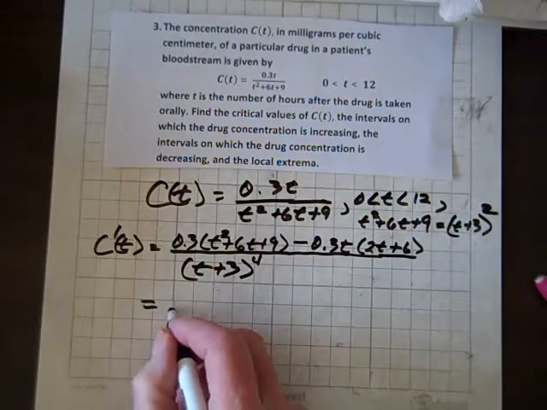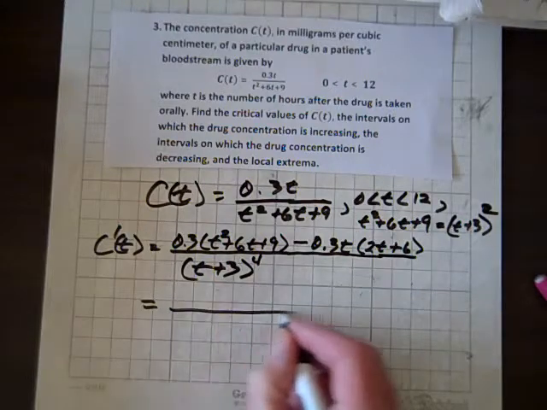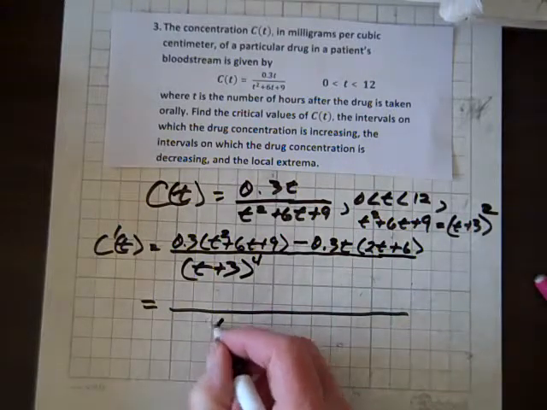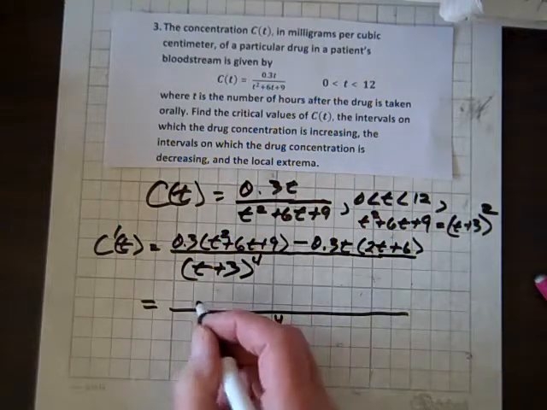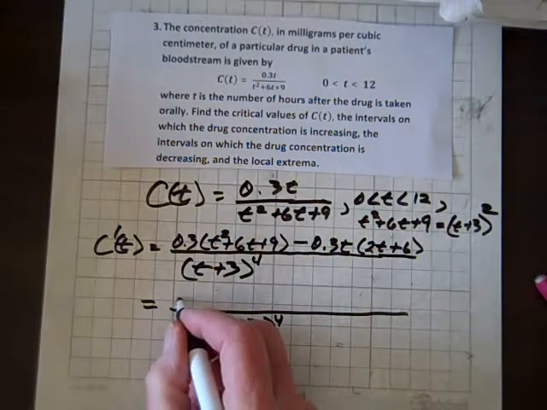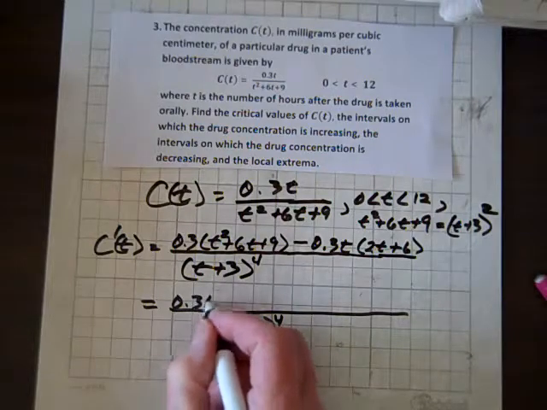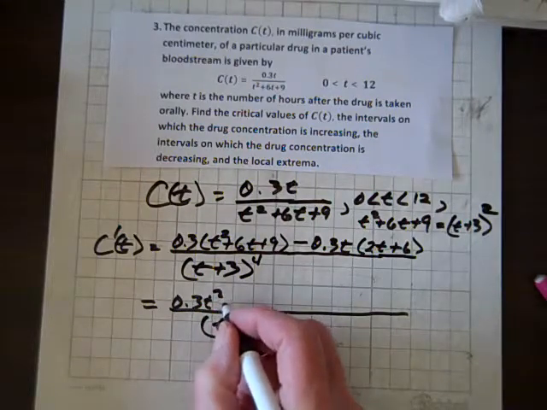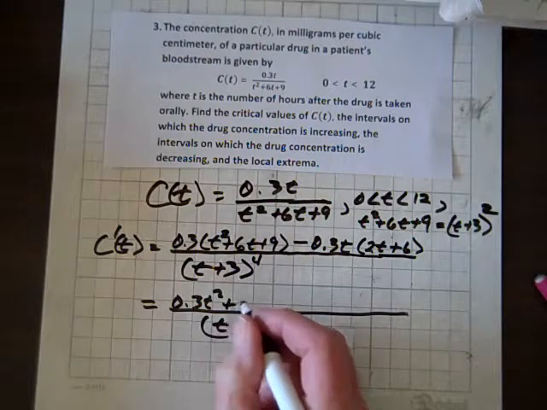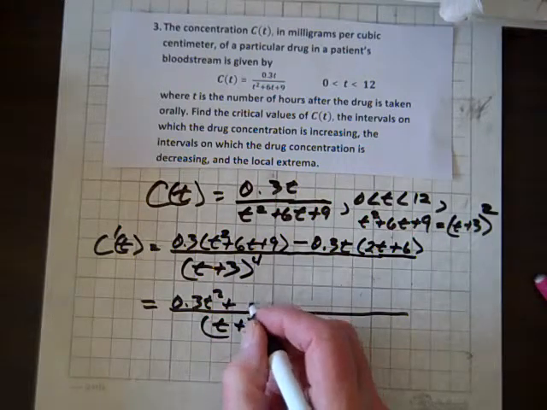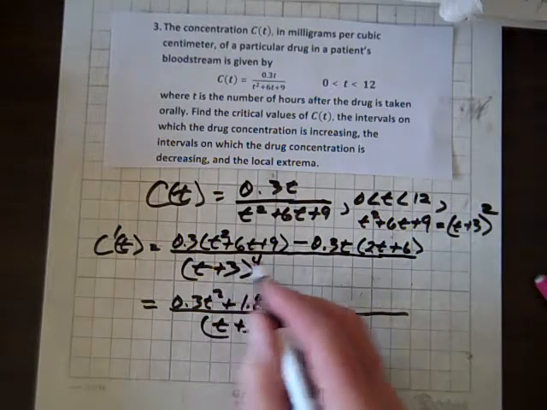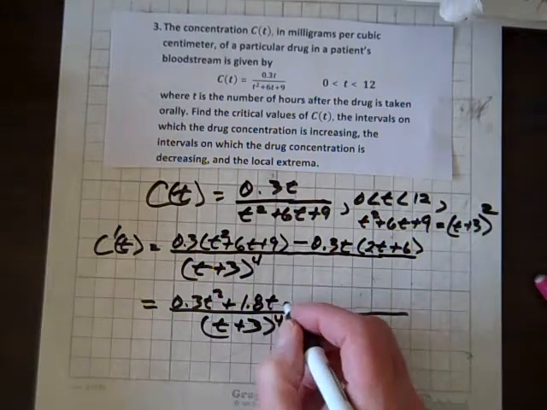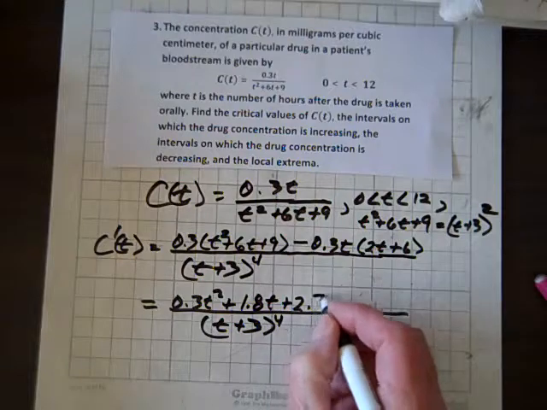Anyhow, let's multiply this thing out, and put our denominator down here, (t plus 3) raised to the 4th power. And that's going to be 0.3t squared plus, and 0.3 times 6 is 1.8, and we have a t there, and 0.3 times 9 is 2.7.